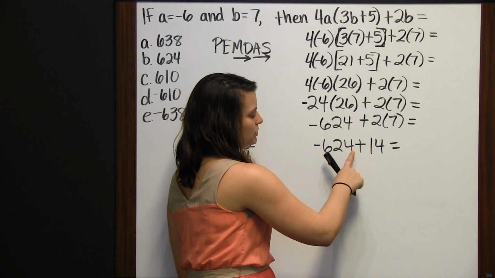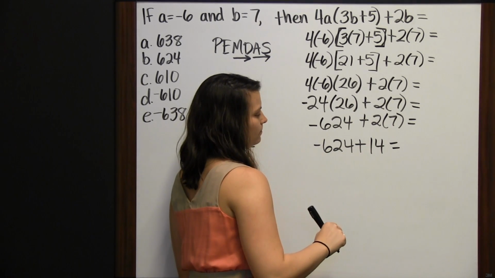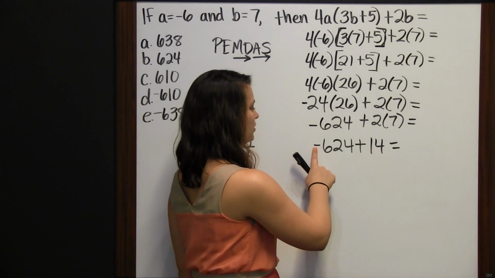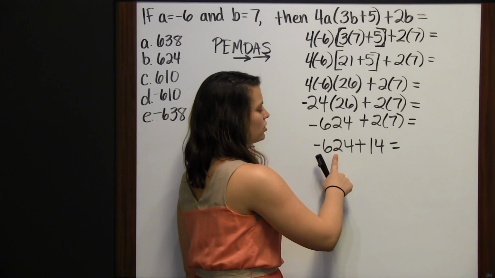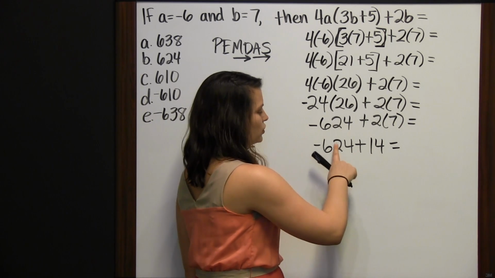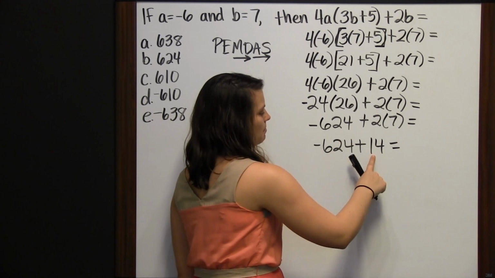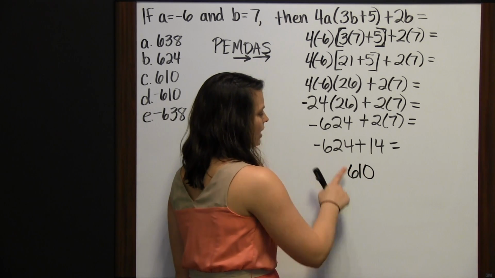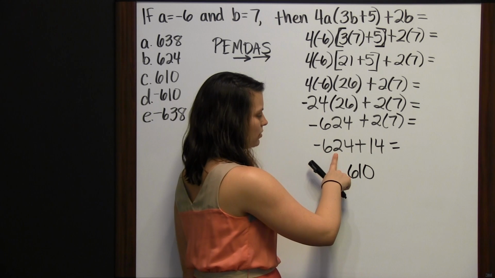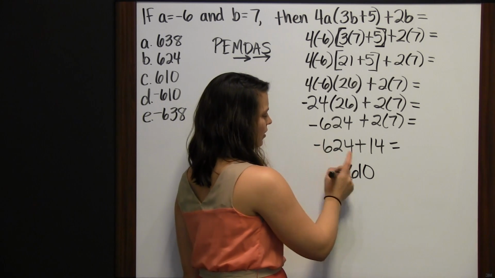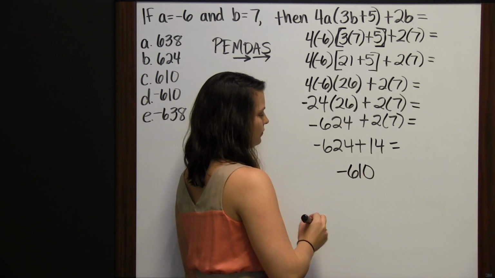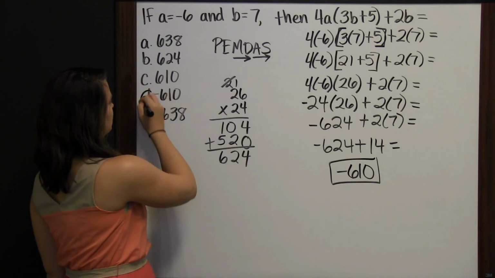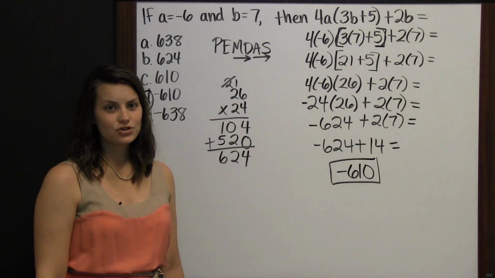When you're adding numbers with different signs, you need to subtract the numbers and take the sign of the number with the larger absolute value. So 624 minus 14 is 610. And since 624 is negative, our answer is negative. So your answer is D, negative 610.